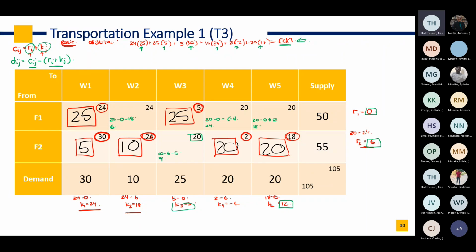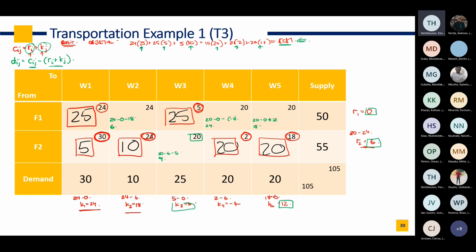Now we're at step 3 in our MODI, which is basically looking at our Dijs, and we have 3 cases. If our Dijs are all greater than 0, we're done, we're at optimal. If our Dijs are not all greater than 0, and there's one that is less than 0, we choose that one, which just means it's not optimal yet, and we need to go through the iterations again. If it's equal to 0, it just means that there is an alternative solution, which is going to give you the exact same cost function.